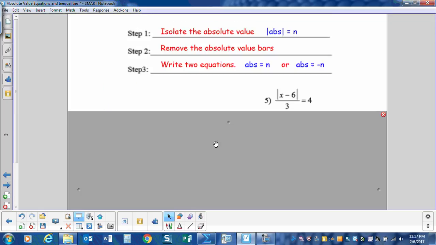Number 5, the absolute value of x minus 6, divided by 3, is equal to 4.